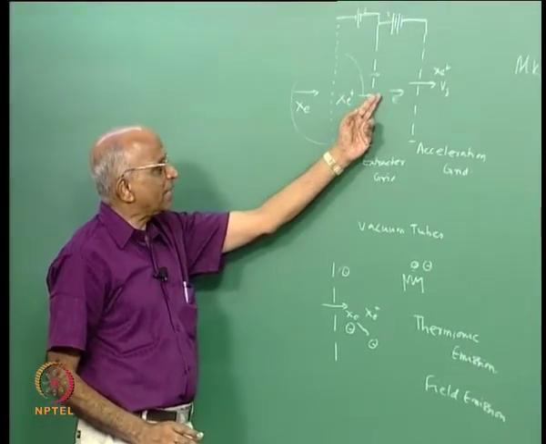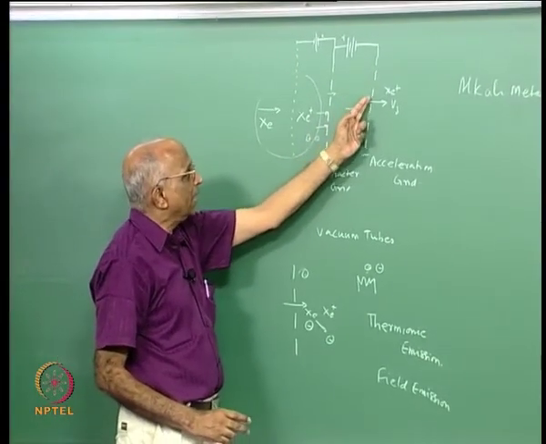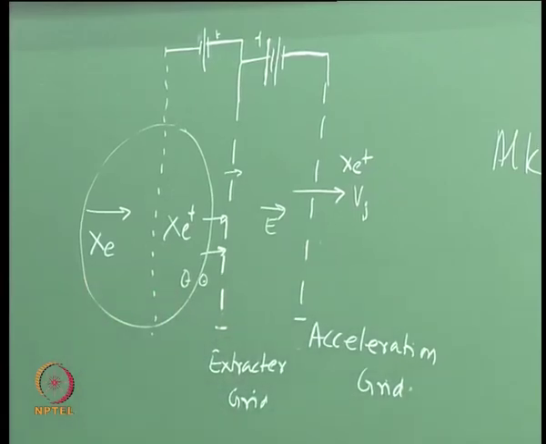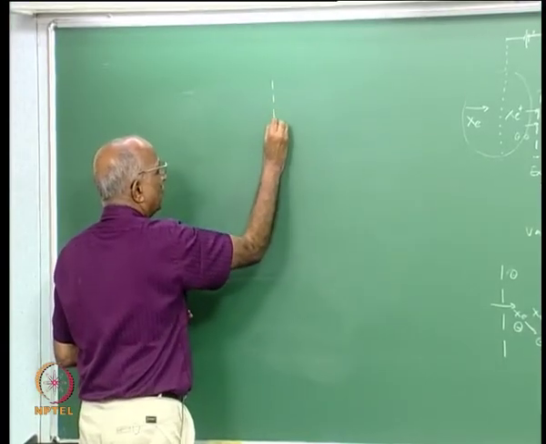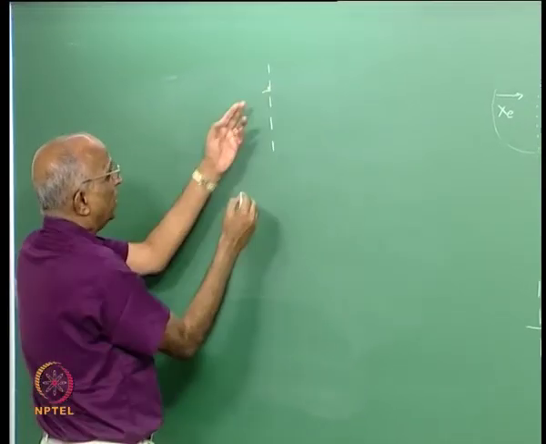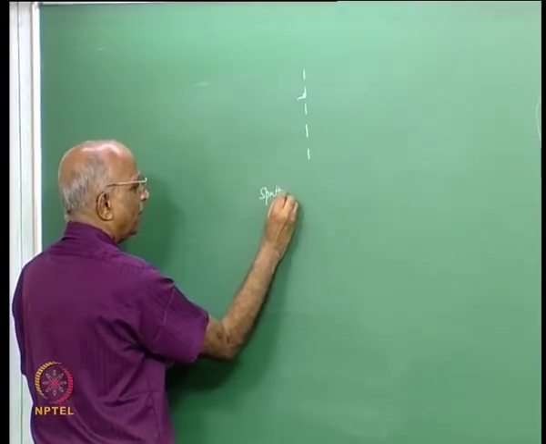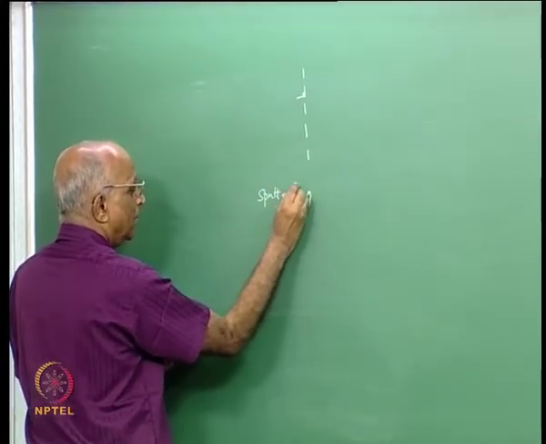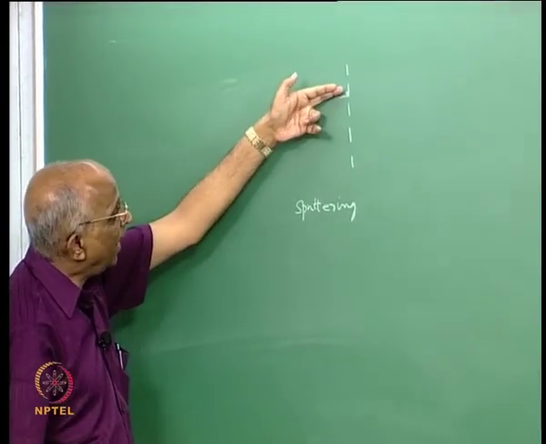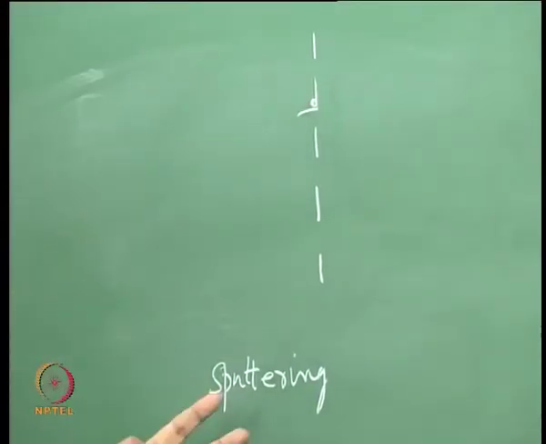You have these accelerated ions hitting against this particular grid, which is something like a sieve, an open thing over here, and when these ions hit against it, it removes the metal, and this is known as sputtering. That means I pass high velocity charges, and when they impact here, they corrode the metal, and it is known as sputtering.